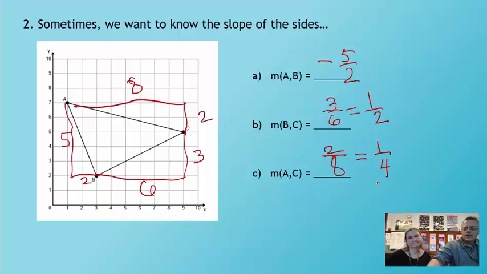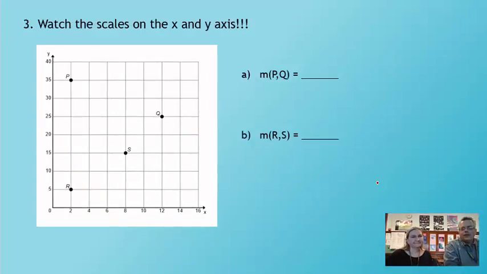Okay, Ms. Les, we have a little bit of a curveball this time. We have to be careful because the squares don't always count as 1 unit. On this one, along the x-axis, they're going up by 2's. So in the x direction, when we do the run, each square counts as 2. In the vertical direction, they're going up by 5s, so when we do the rise, each square counts as 5.